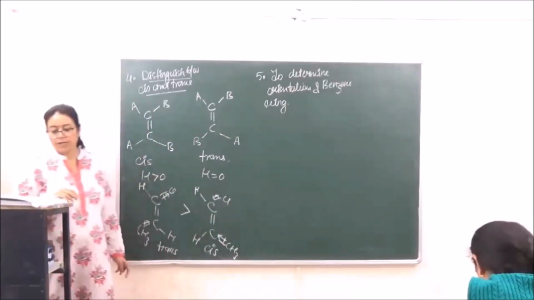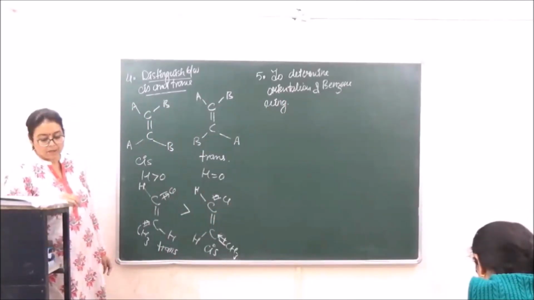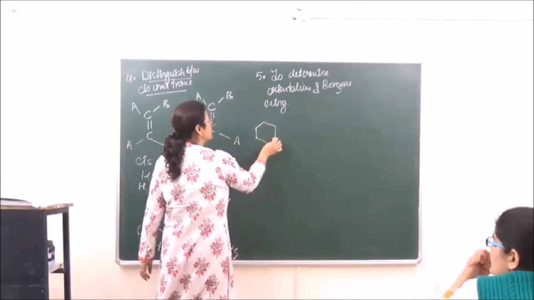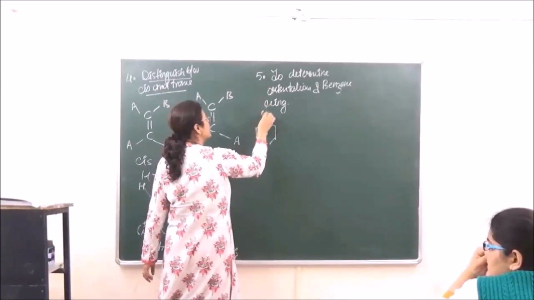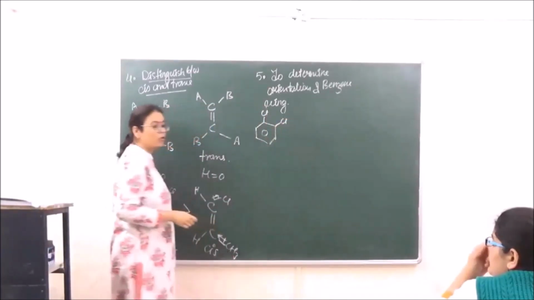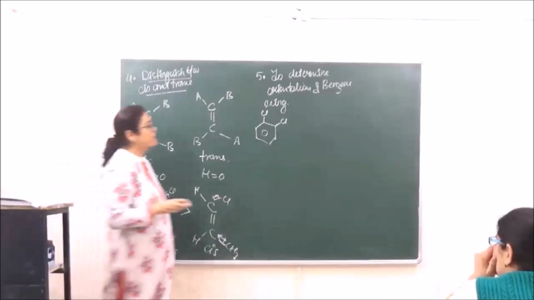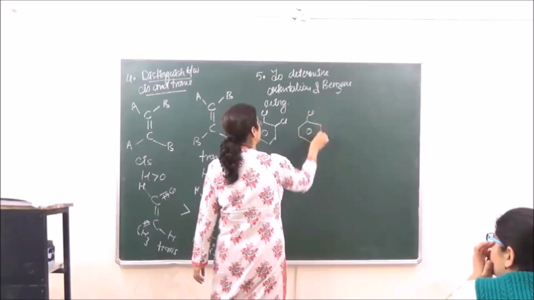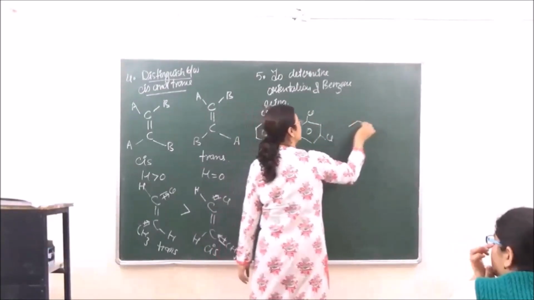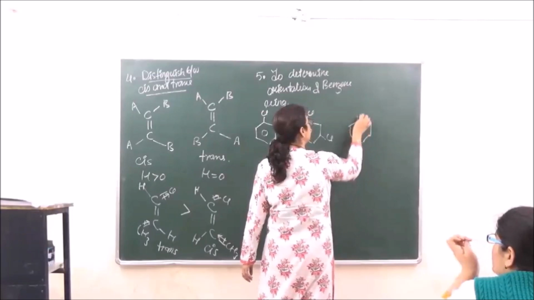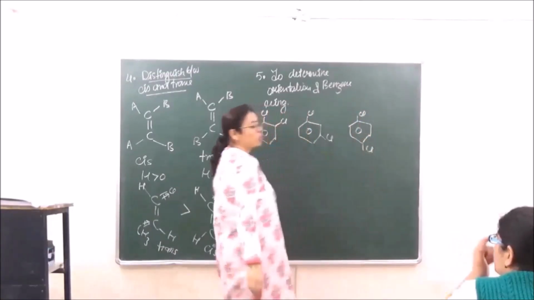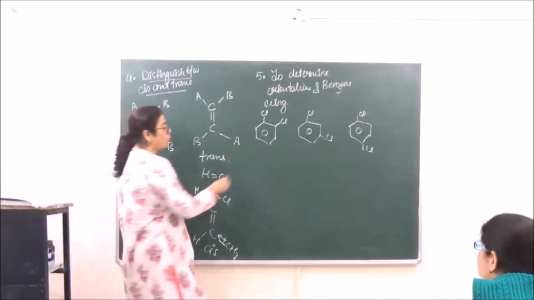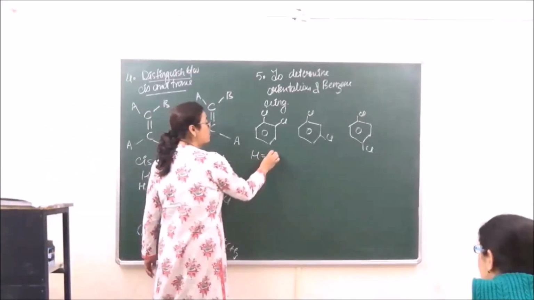When we are talking of orientation of benzene ring, we say that if we are calculating the mu for, let's say, orthodichlorobenzene, metadichlorobenzene, and paradichlorobenzene, in this case the value of mu for ortho is going to be maximum.